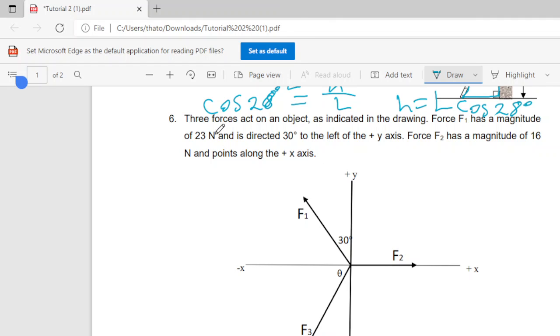Now they say 3 forces act on an object as indicated in the drawing. Force F1 has a magnitude of 23 newtons and is directed 30 degrees to the left of the y-axis. So this is the y-axis, 30 degrees to the left. We go to the left, then it's between these two lines.